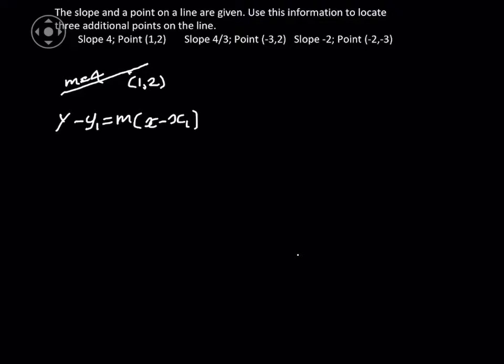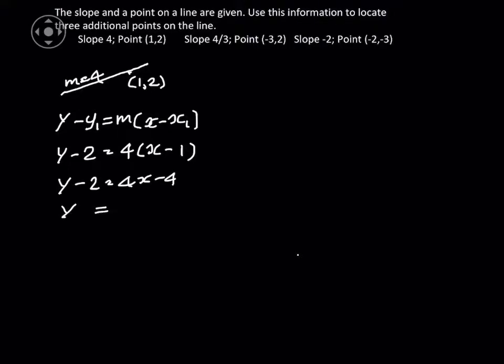So y1 is 2, m equals 4, x1 equals 1. y minus 2 equals 4 times x minus 1; I distribute the 4 to get 4x minus 4.